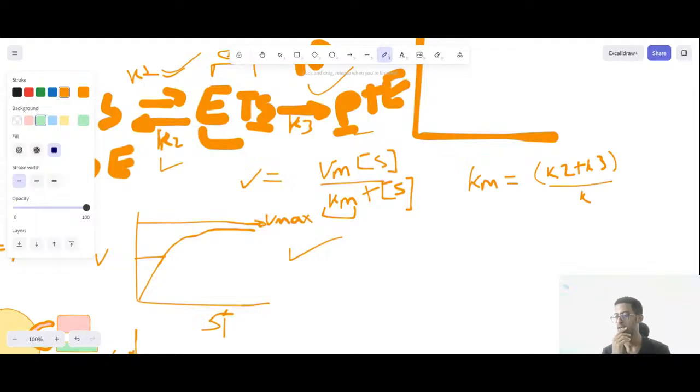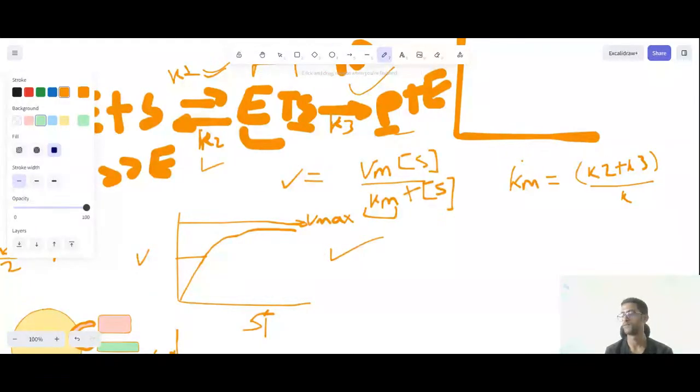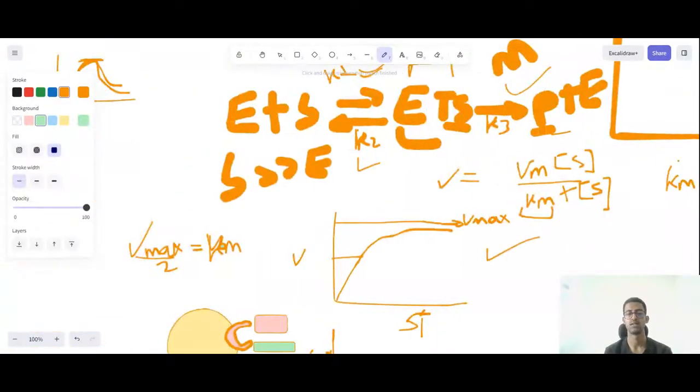So Km is just the substrate concentration at which V is just Vmax over 2. This is the concentration line, and this is Vmax.